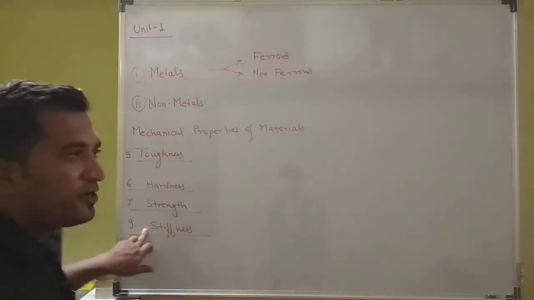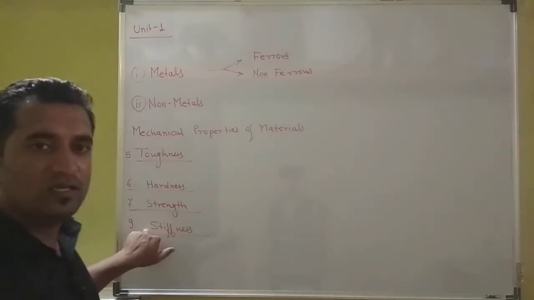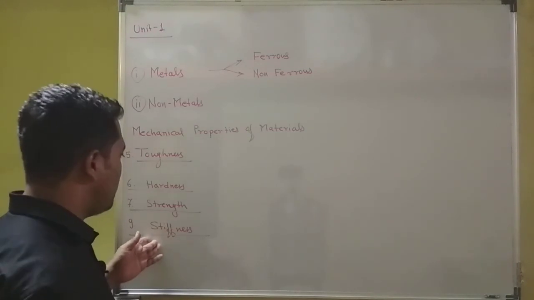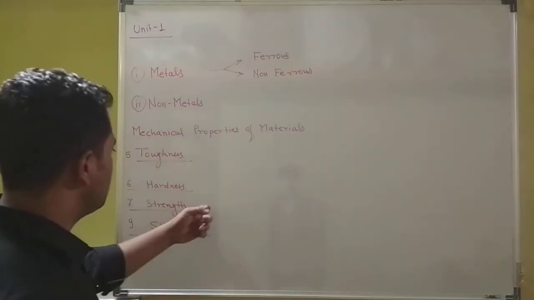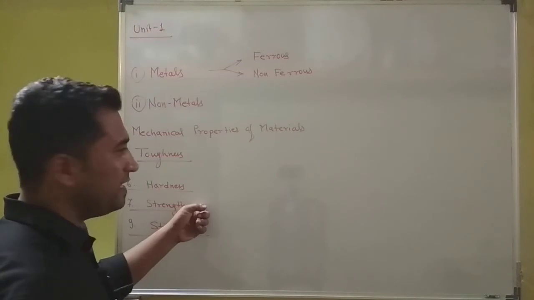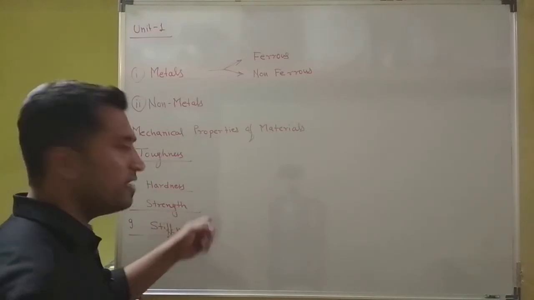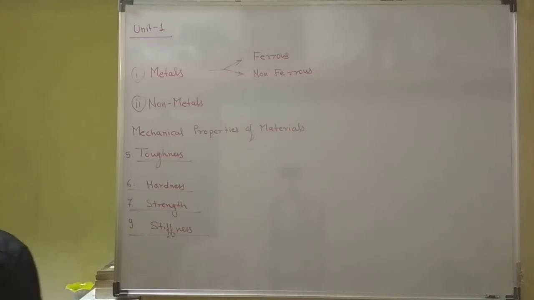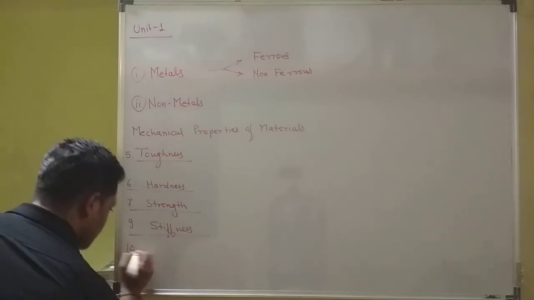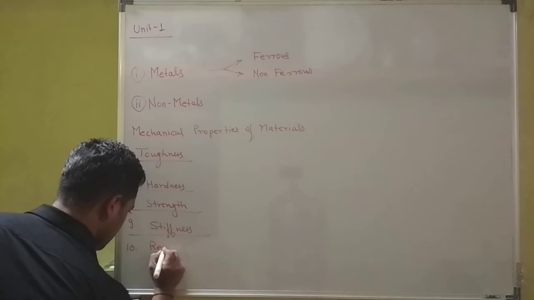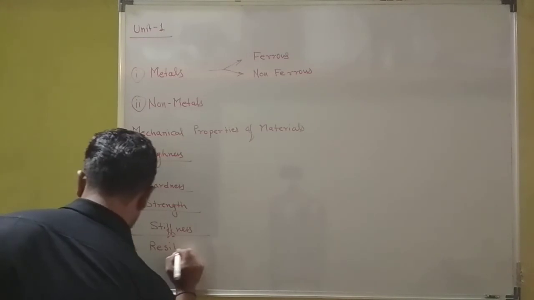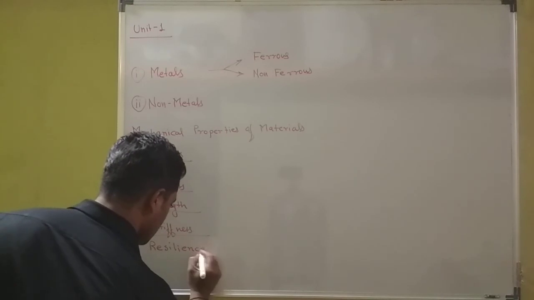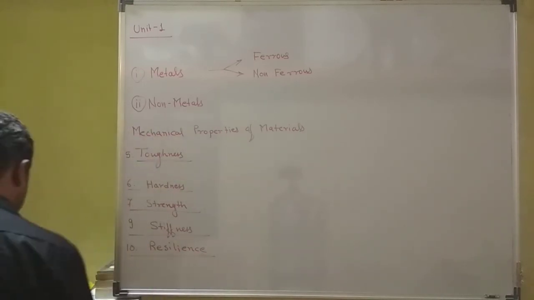This is the ability of material to resist deformation under stress. This is resisting deformation or yielding under a load, and this is under the stress. This is called as stiffness. Next is resilience.